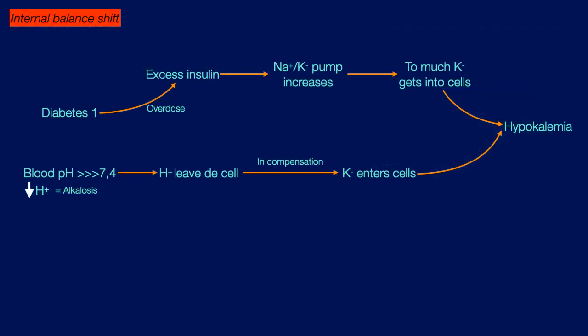One potential cause of an internal potassium balance shift is having excess insulin. This is because after a meal, glucose increases in blood, and at the same time insulin is released. Then insulin binds to cells and stimulates the uptake of that glucose.